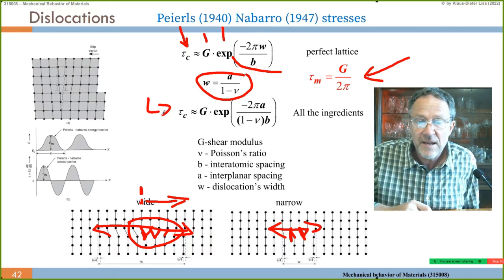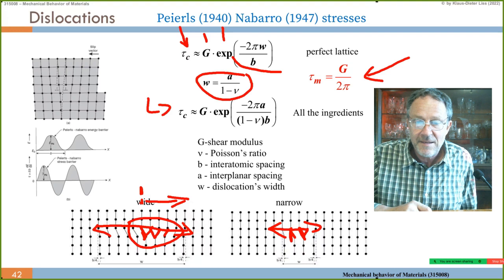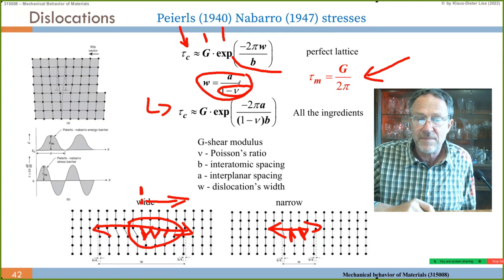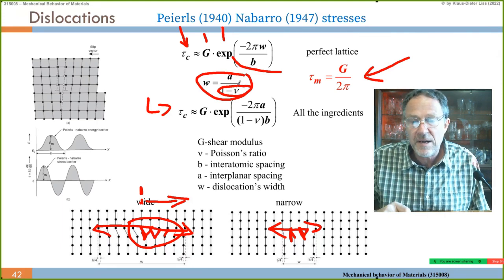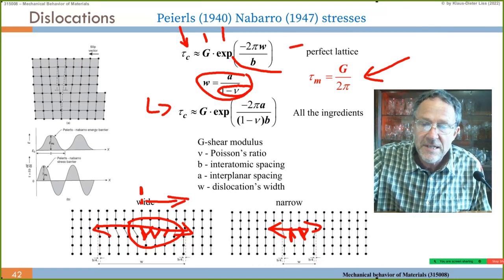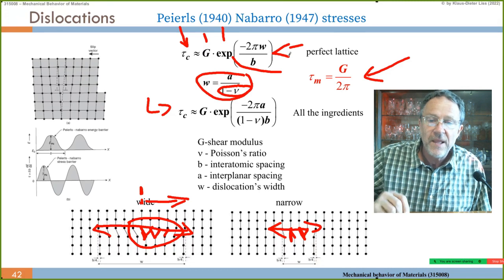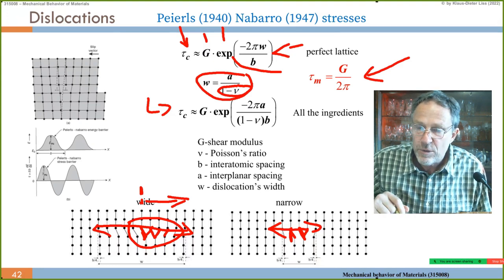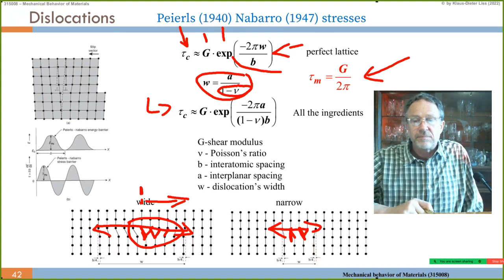Tau c is the exponential of minus 2 pi, and then we have that a over b again, and the 1 minus nu in the denominator. So this is an important formula because qualitatively it shows that as the dislocation becomes wider, the critical shear stress I need to propagate the dislocation is smaller. Perfect.